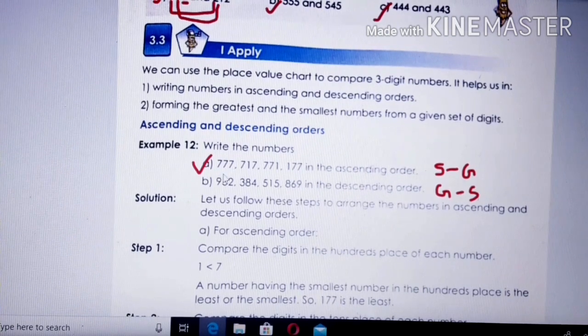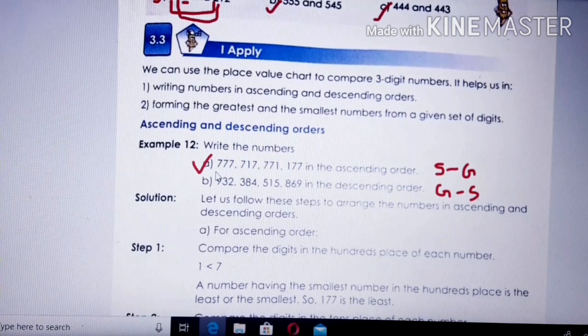Step 1, count the number of digits. If the digits are the same, children, then you compare the hundreds place. Here you can see 7. Again 7. And here you can see 1. That means 7 and 1 you have to compare, isn't it? So what do you find? That 1 is smaller than 7. So what comes first?